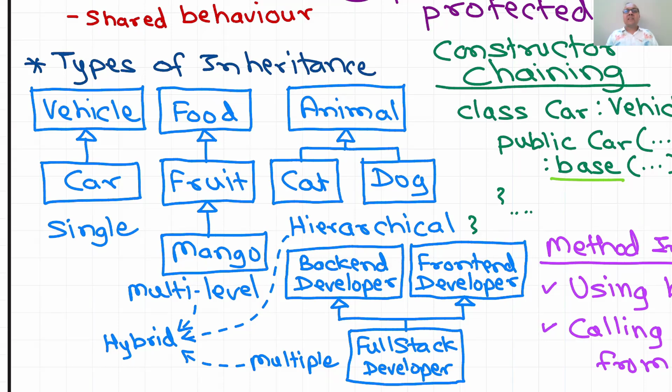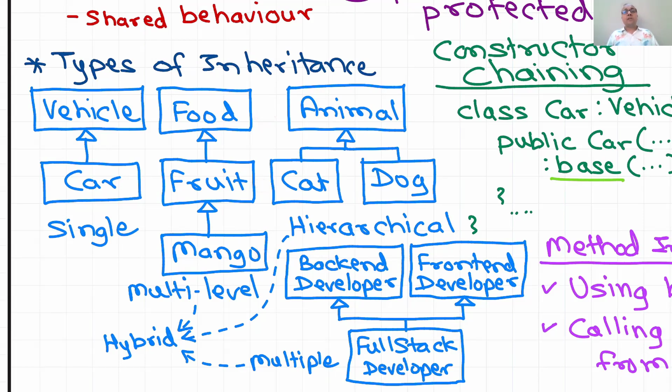That is basically single inheritance. Then you can have multi-level inheritance, where I can say that mango is inherited from the fruit and fruit itself is inherited from the food.